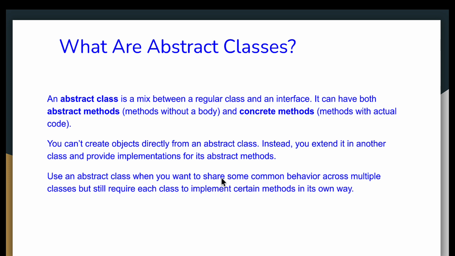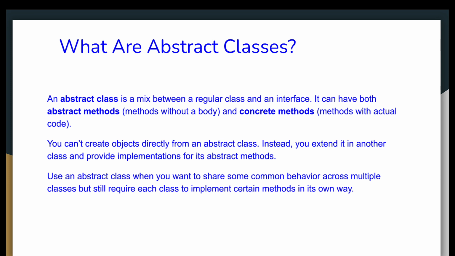What are abstract classes? An abstract class is a mix of a regular class and an interface. It can have abstract methods, that means the ones which are not completely defined, and it can also have concrete methods.